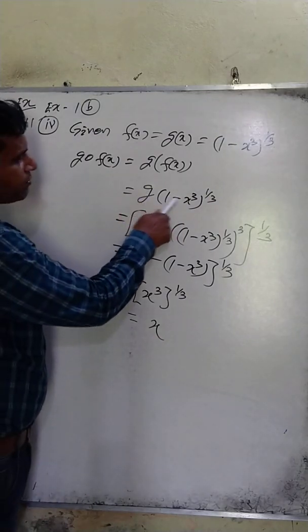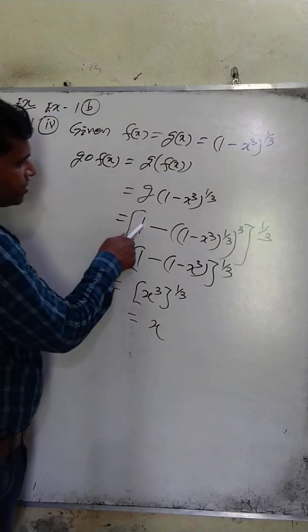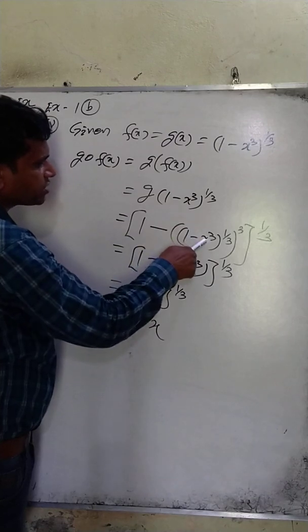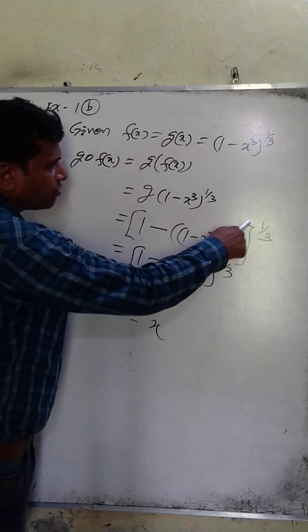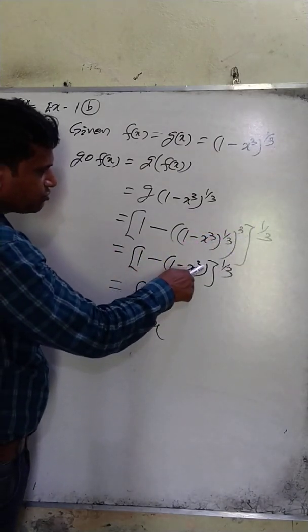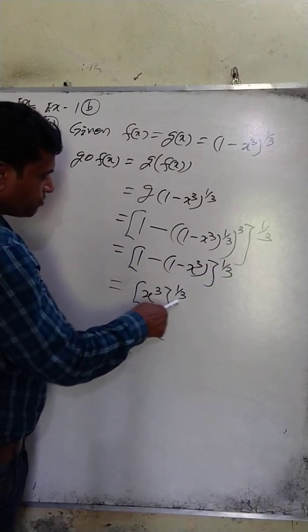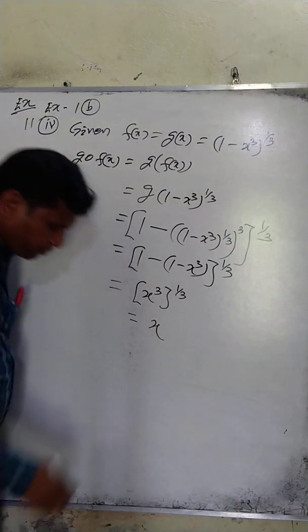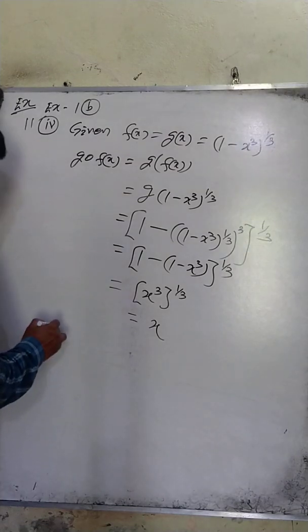So g of (1 minus x cube) to the power 1 by 3. In place of x we put (1 minus x cube) to the power 1 by 3, so we write 1 minus ((1 minus x cube) to the power 1 by 3) whole cube, whole to the power 1 by 3. That is (1 minus (1 minus x cube)) to the power 1 by 3, which is x cube to the power 1 by 3, that is equal to x. Here g composite f is also equal to f composite g.